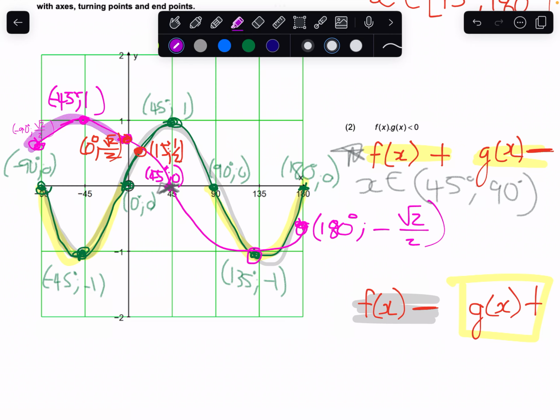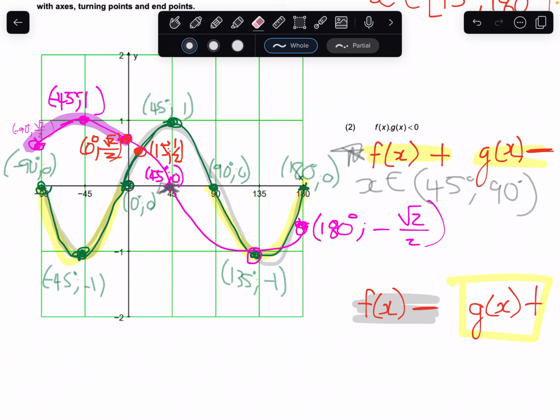For that whole interval from minus 90 to 0, we get positive y values. And in this interval, we don't see g above the x-axis, it's only down here, so we don't have g outputting positive values.